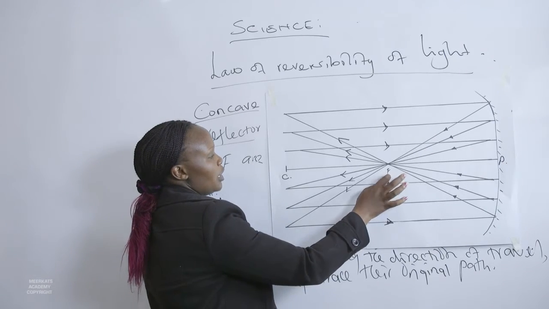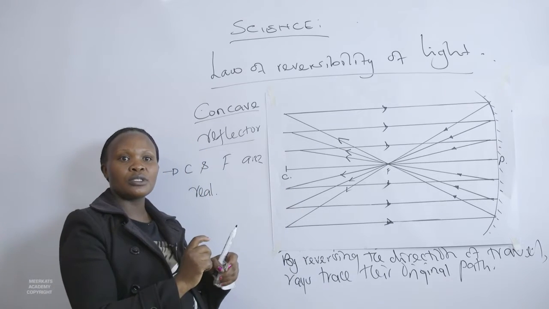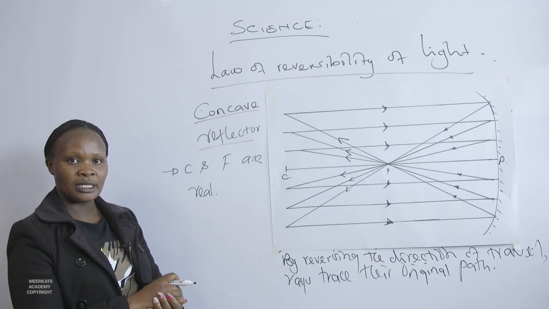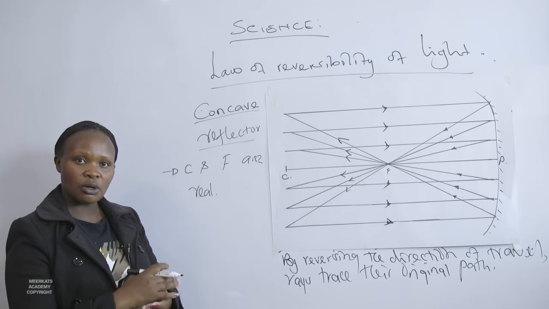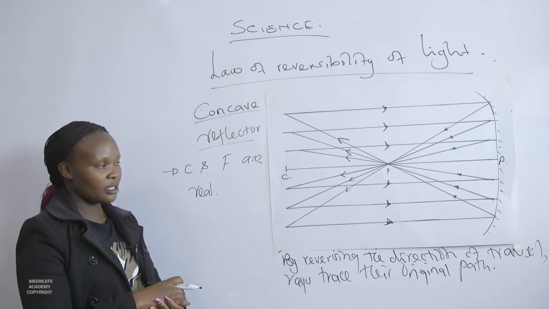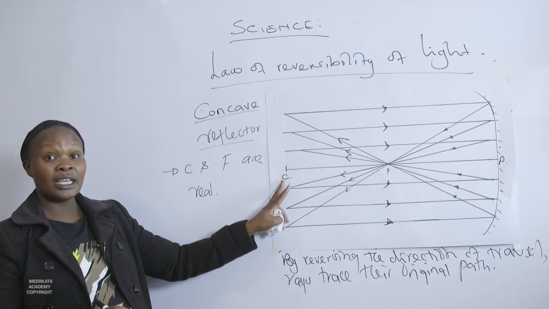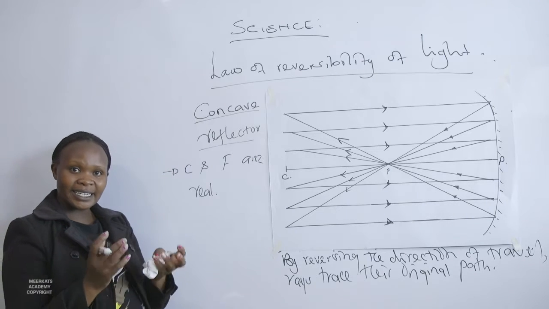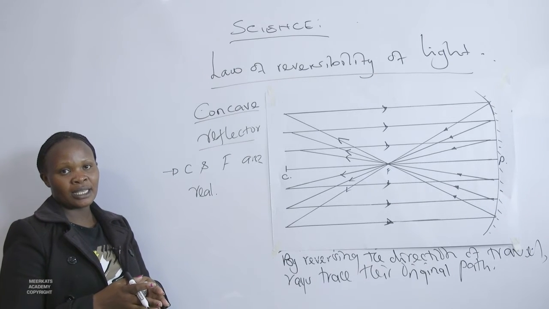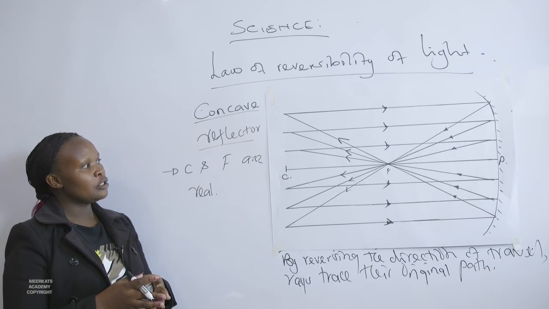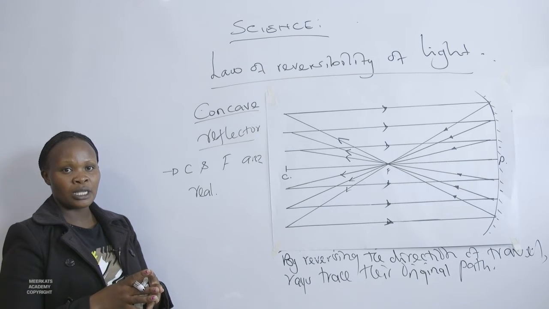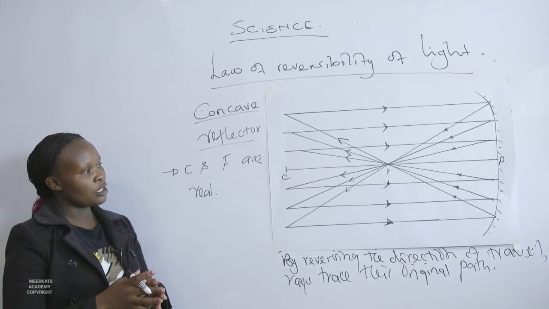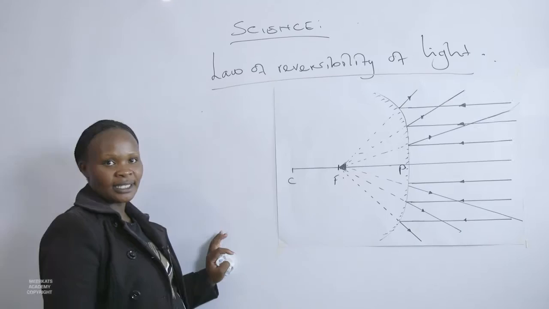They will pass through F and through C when they are required to do that. As we are going to observe with the convex reflector, F and C are actually virtual. That is why we say rays appear to diverge from that particular point.